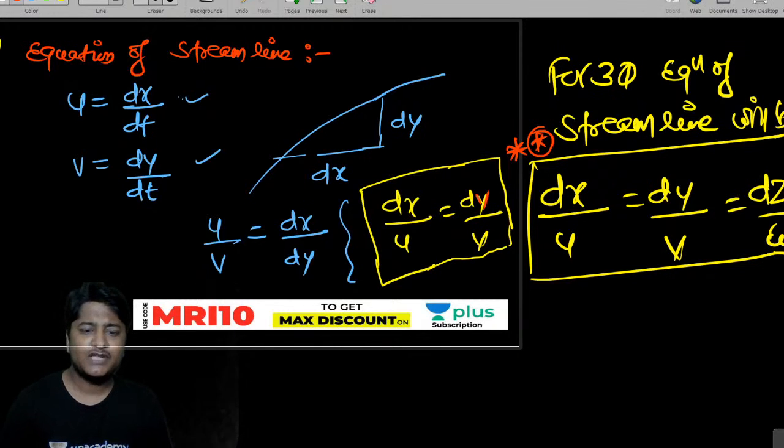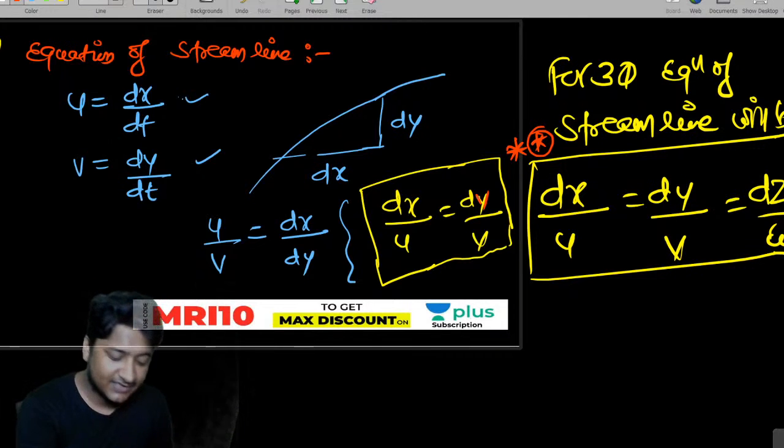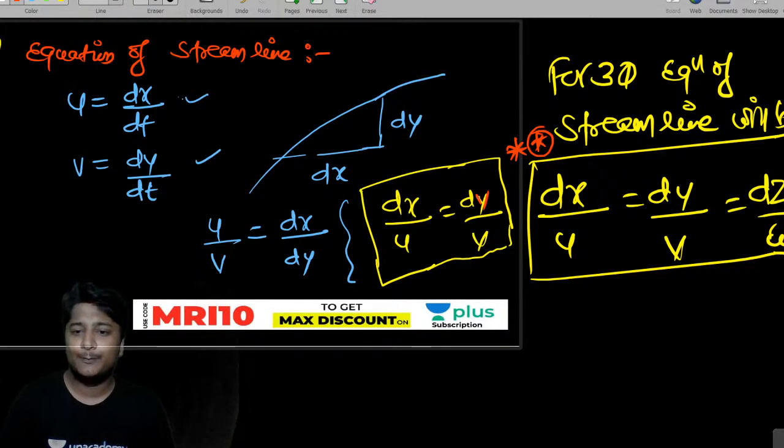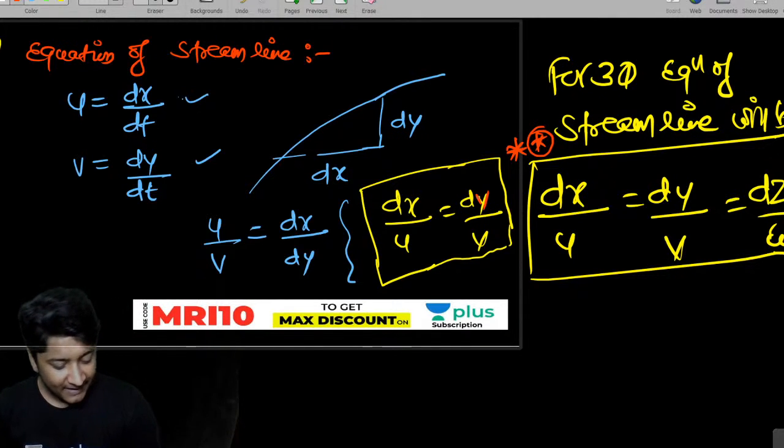So now some people are asking, sir, why are we studying this, or why are we giving this streamline? एक नया term क्यों लाया हमने? Because it helps in analyzing the flow. Now you can see that with the help of the equation of a streamline, you can analyze the flow. dx upon u will be equal to dy upon v will be equal to dz upon omega. Is it clear now?